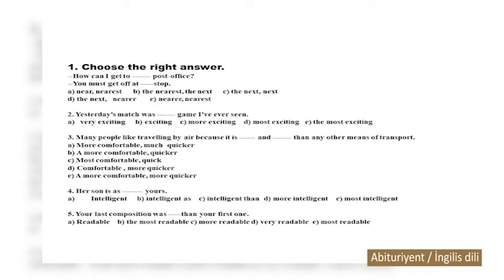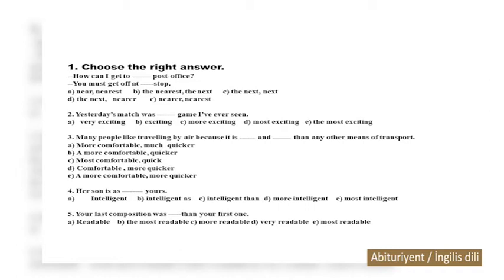Second one: yesterday's match was the game I have ever seen. If you remember, we said that superlative degrees of adjectives are taken if we say ever seen, ever met, in the world, in our family or on the earth. We use which degree?